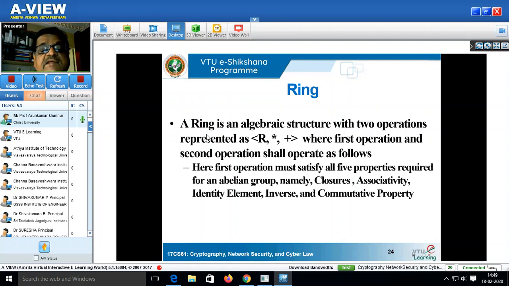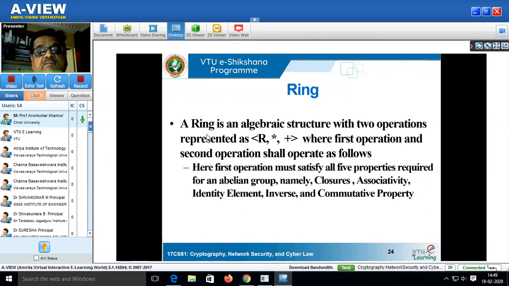In case of a ring, a ring is an algebraic structure with two operations, represented as open bracket R, comma star, comma plus. If we want to qualify that a particular set R is a ring, first operation star and second operation plus shall operate as follows.